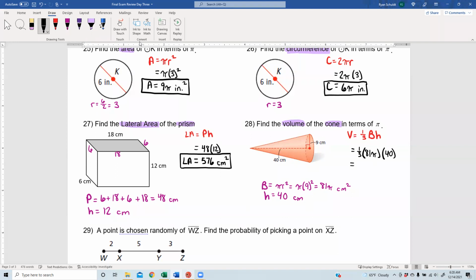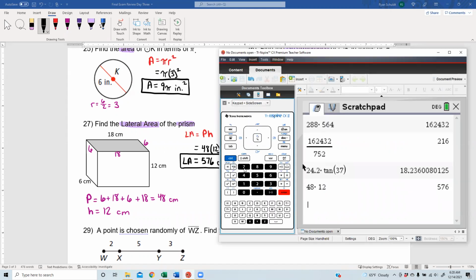So let's see if I can do this mentally. 1 divided by 3, that's 27. Is it 108? Is it 108? Let's see. 1/3 times 81.